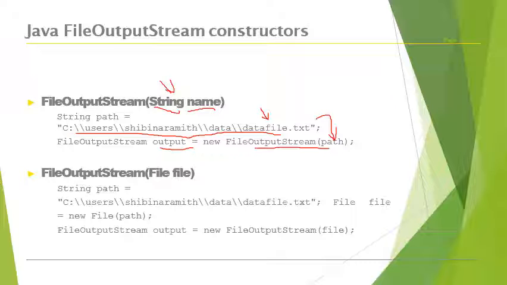Next constructor is File. I already mentioned that we can give the constructor as a File. So we are creating an object of the File class. There also we want to give that path.